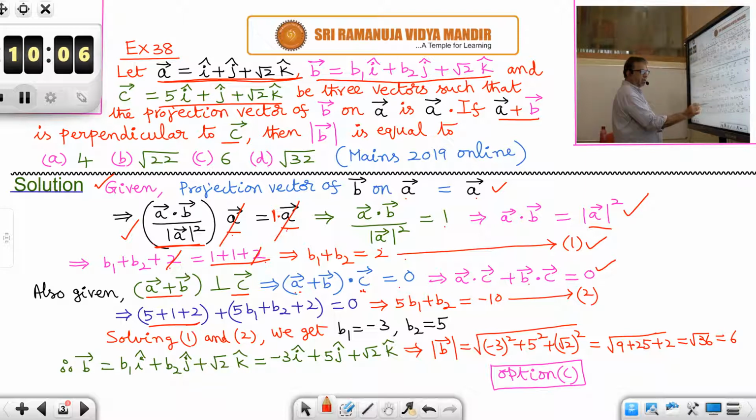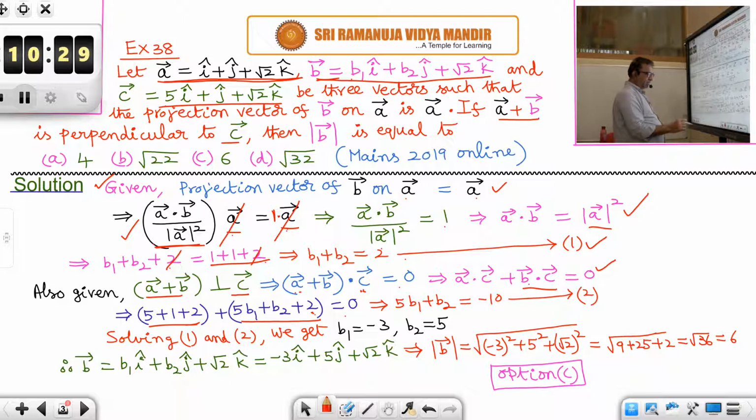Okay. Next what? B bar dot c bar. Again see the second vector, third vector, b bar dot c bar. 5b1 plus b2 plus 2. Last 2 is nothing but root 2 into root 2. Okay. Is equal to 0. Dot product is equal to 0. Okay.